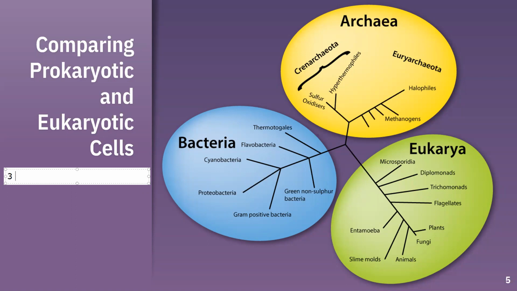So there are three kingdoms. These are the broadest categorization. They include the most organisms in them. So the first kingdom we have is bacteria, and that includes bacteria.